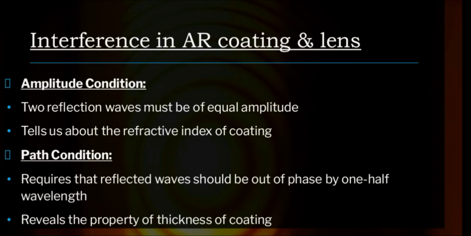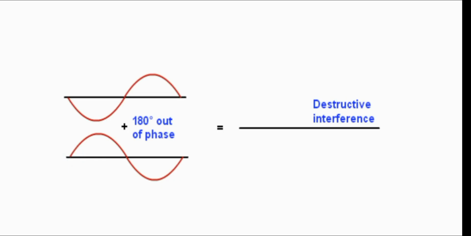So these are the two conditions by which destructive interference will occur, right? You can see over here they are 180 degrees out of phase. This is from downward and this is from upward, so being out of phase will ultimately cause destructive interference.